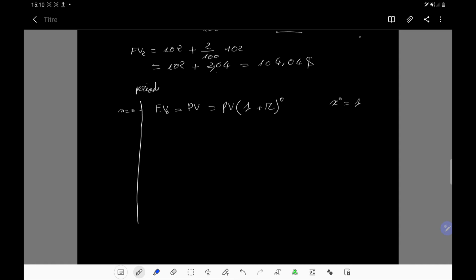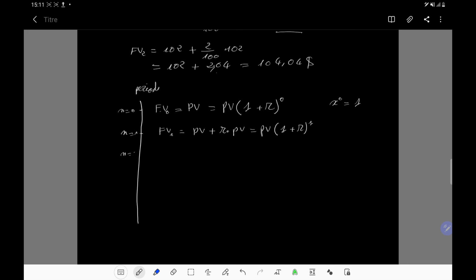Okay, for the year number 1, the next year, future value equals present value plus interest rate times present value, and we'll factor that. Okay, present value times 1 plus r to the power of 1 if you like.